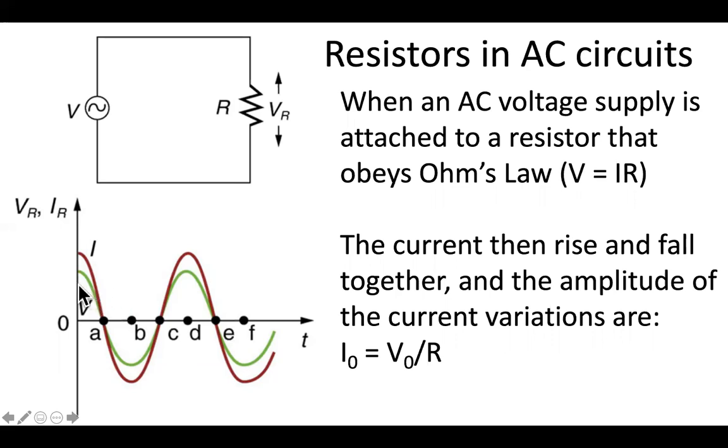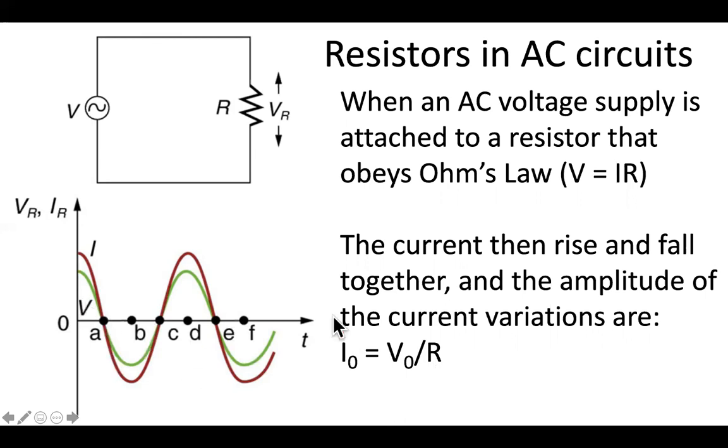What this means is the amplitude of the current variations are directly proportional to the amplitude of the voltage variations, and the constant of proportionality is this R.